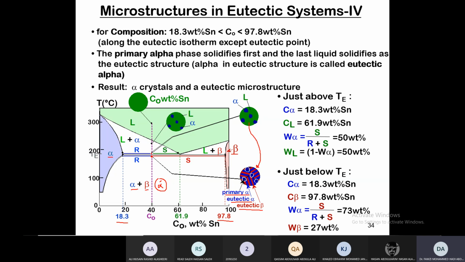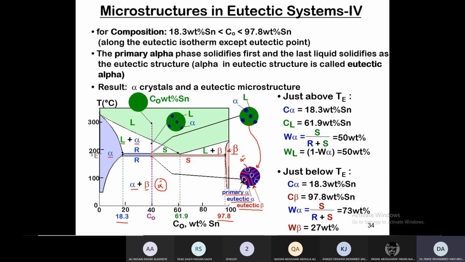We can go just above the eutectic isotherm and find how much alpha and how much liquid you have. That's the microstructure we are looking at. If we know how much alpha and liquid we have, then we know how much is the alpha just above the eutectic isotherm, which will be the alpha prime. This is the proportion of the alpha prime, and it's not going to change.